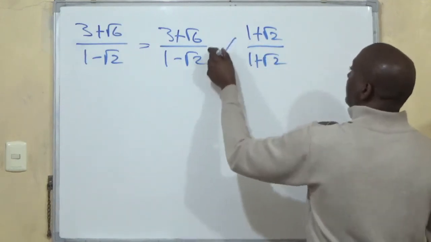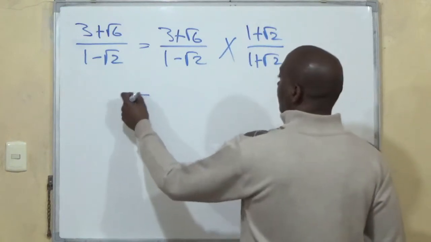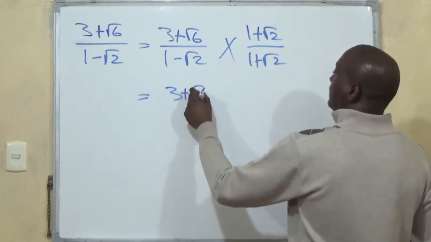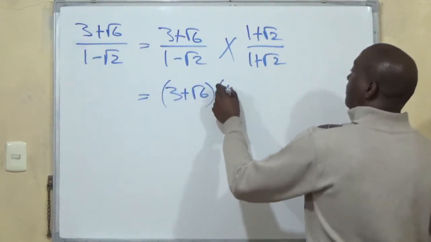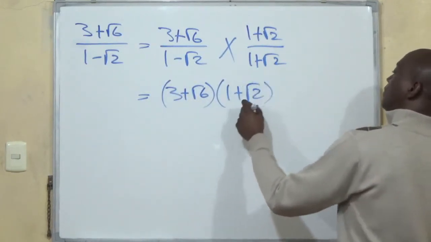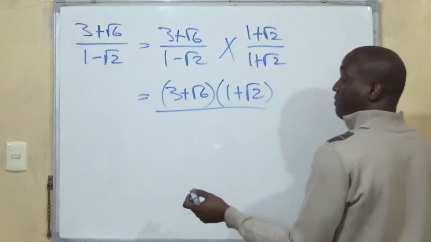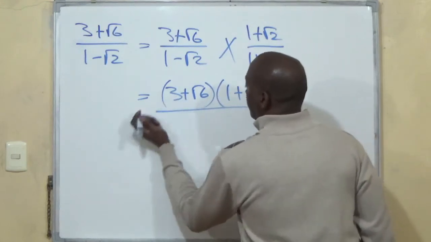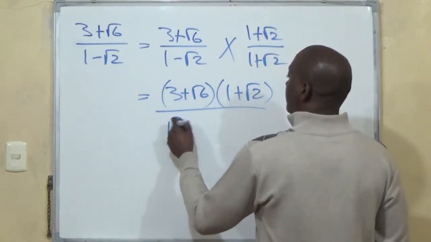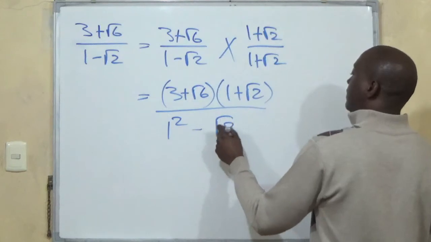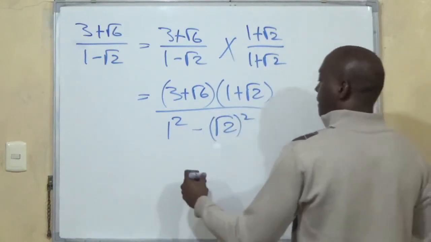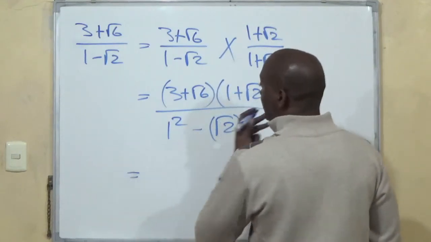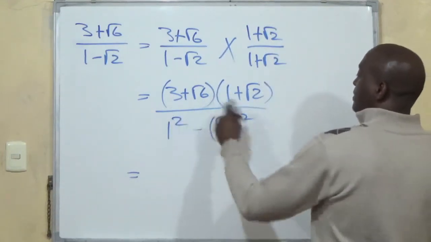You're multiplying, and that will be 3 plus root 6 in brackets by 1 plus root 2, all over, again, difference of two squares, 1 squared, there's a whole integer, we don't need brackets, 1 squared minus root 2 squared. Wait a minute. That is equal to what? Multiply now. 3 by 1 is 3.